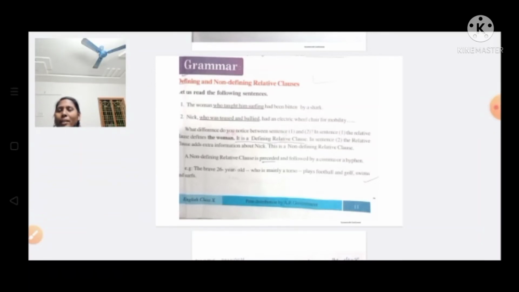The grammar: defining and non-defining relative clauses. Let us read the following sentences.